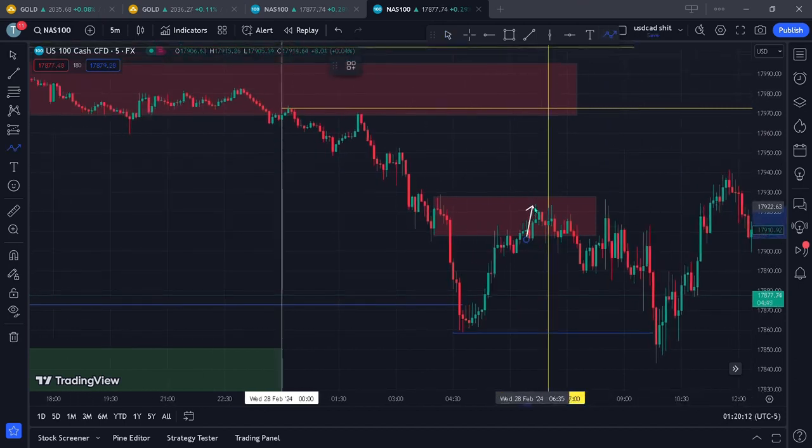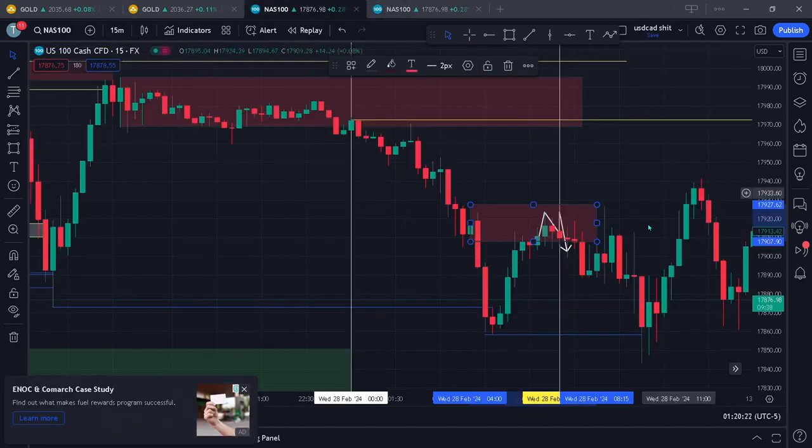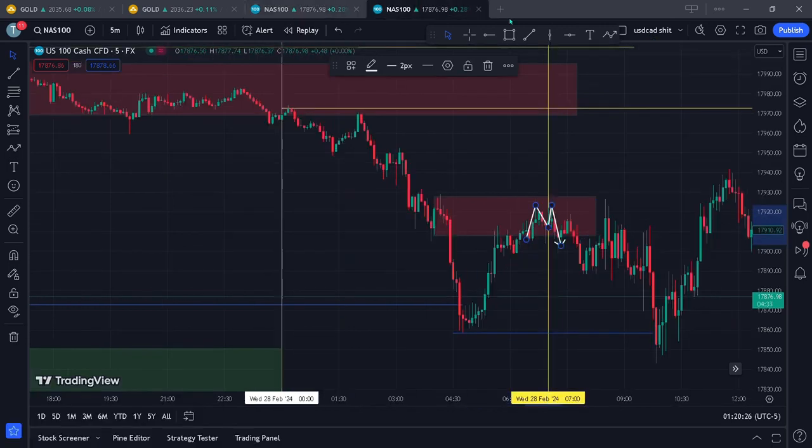We have a break in market structure. High, low, high, break right there. Price comes in at a point where we have highlighted a bearish breaker. We see what? A bearish signal to the downside.